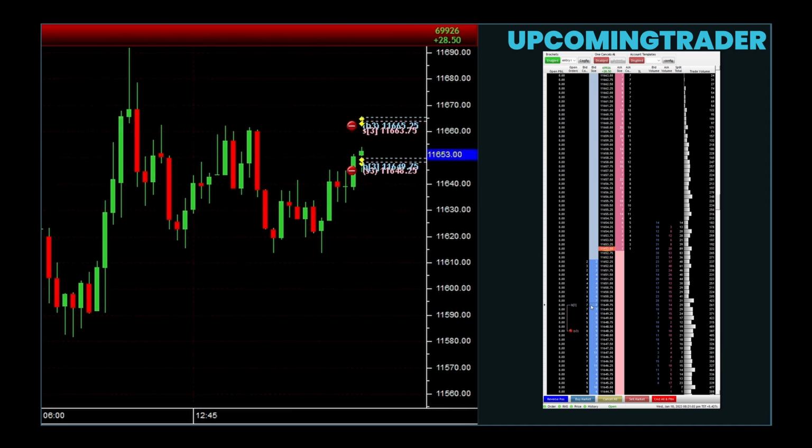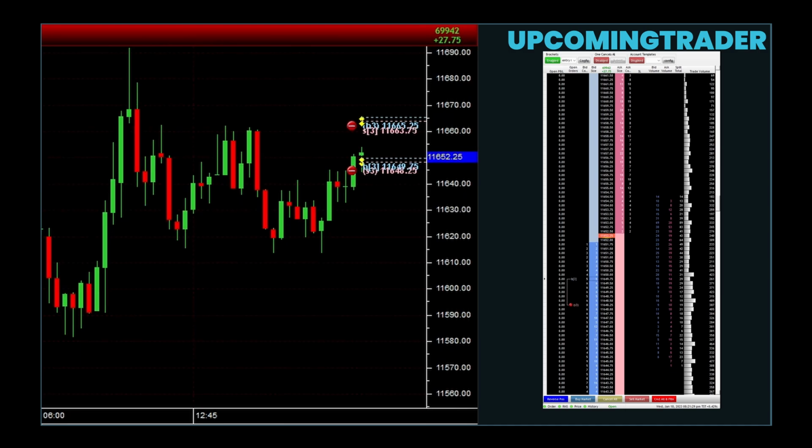Write down what you saw in the order book, what you did, and what happened after. Over time, you will start to notice patterns and figure out what works best for you. You might also want to try using the order book with different kinds of stocks. A big stock like Apple will have a very different order book than a smaller company, so it is helpful to see how they compare.